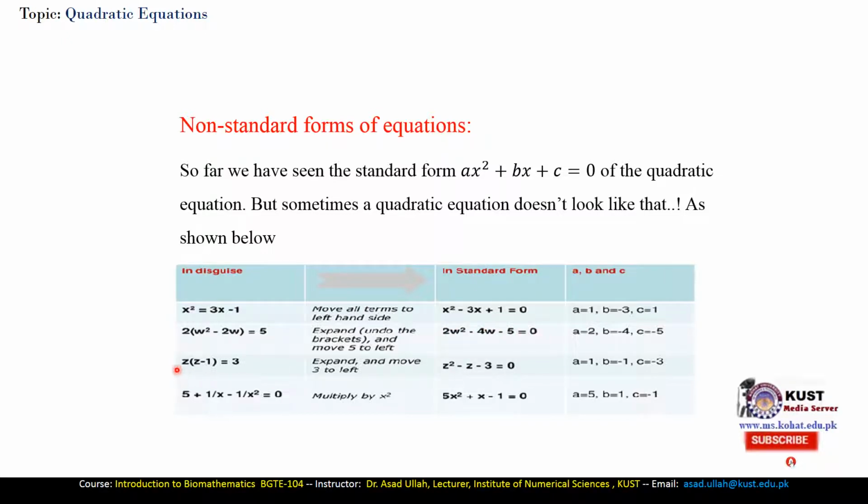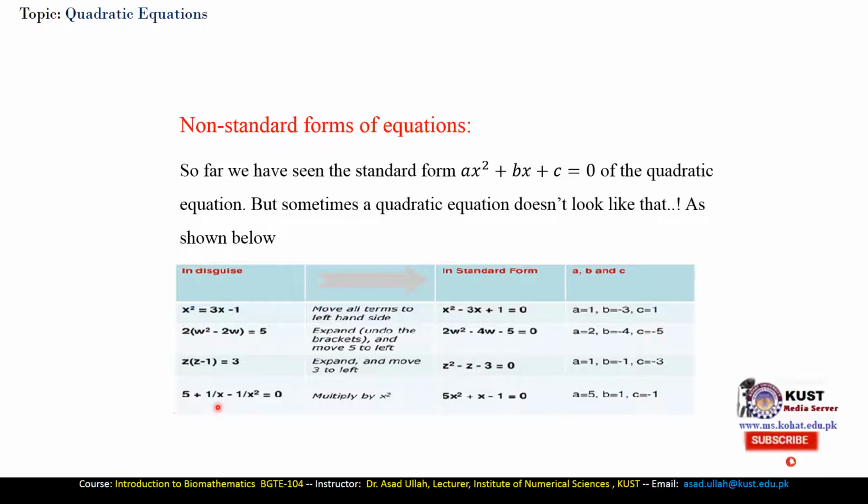In this example, z times z minus 1 is equal to 3. To transform this equation to the standard quadratic equation, first we multiply z with z minus 1. We get z square minus z is equal to 3. Now, adding minus 3 on both sides, we get z square minus z minus 3 is equal to 0, which is the standard form of the quadratic equation.